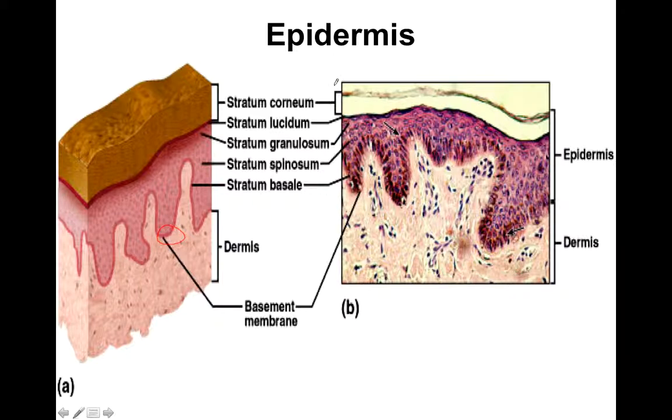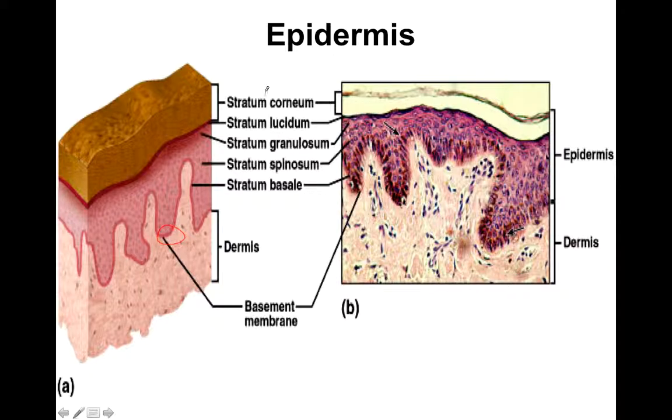We'll start superficial to deep: the stratum corneum, stratum lucidum, stratum granulosum, stratum spinosum, and stratum basale. You can hear stratum basale pronounced many different ways, but it's basale.